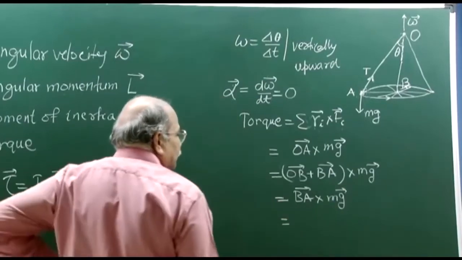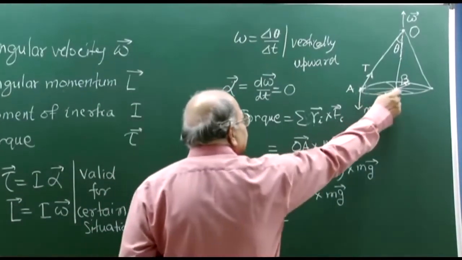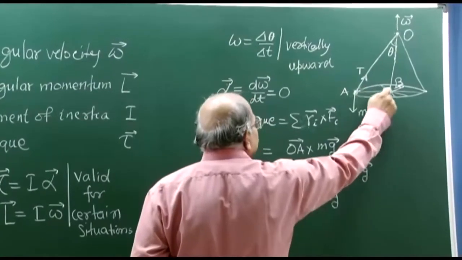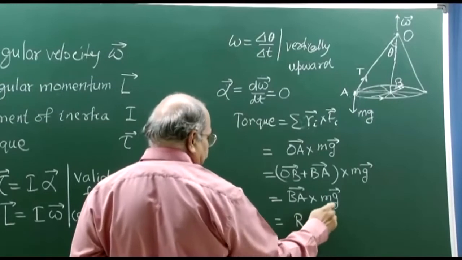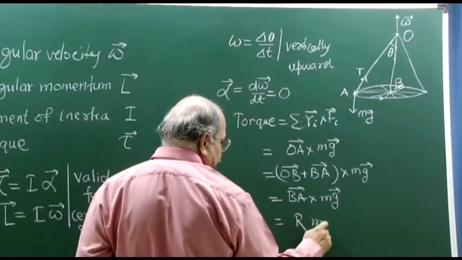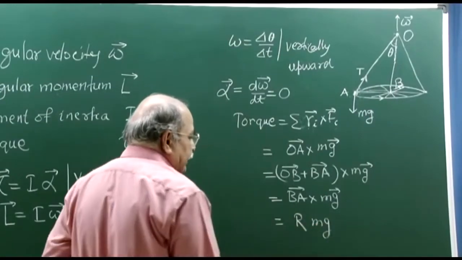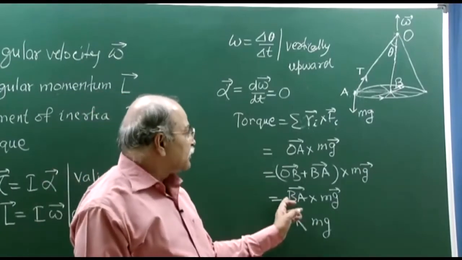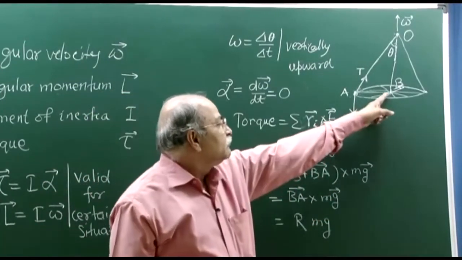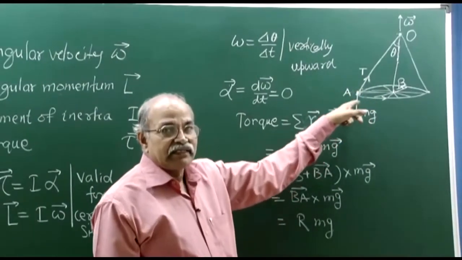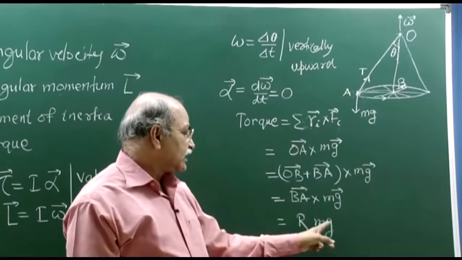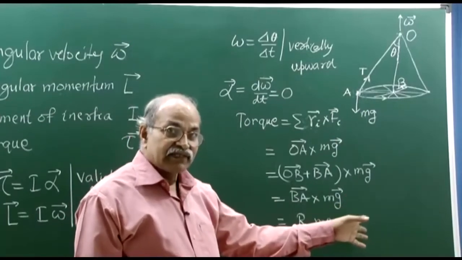What is the magnitude? BA is the radius of this circle, the magnitude of the weight is mg, and then sine theta, the angle between BA and mg. BA is horizontal, mg is vertical, so the angle is 90 degrees and sine 90 degrees is 1.